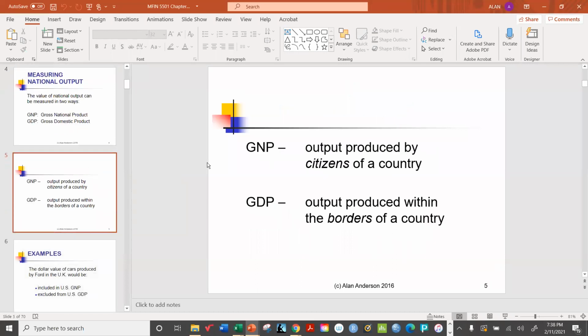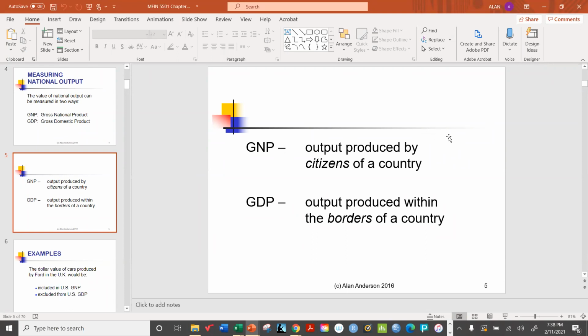Okay, now here's the distinction between the two. GNP refers to the output, by which I mean final goods and services meant for consumers, produced by the citizens of a country, regardless of where they're located. Whereas GDP tells us how much was produced within the borders of the country, regardless of what citizenship they have. So you can see the distinction here between citizens versus location.